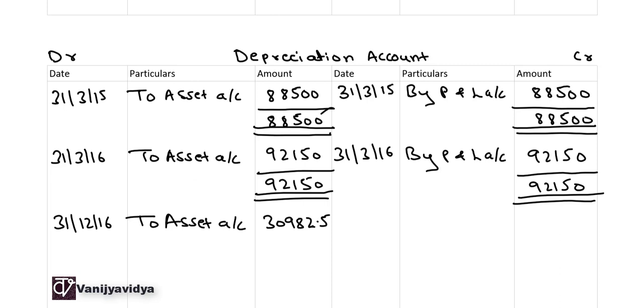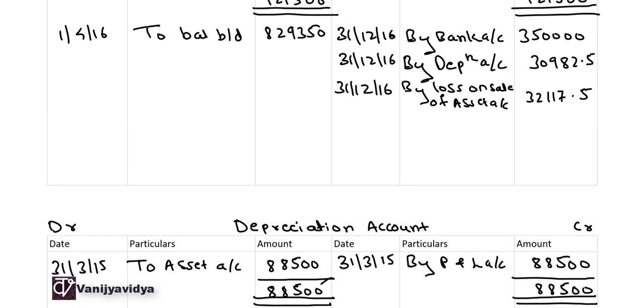Depreciation account debit side, 31st March 2017 to asset account, 41,625, and asset account credit side, 31st March 2017 by depreciation account, and the amount is 41,625.